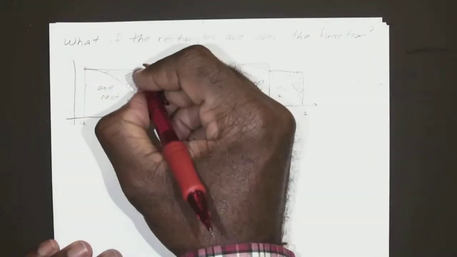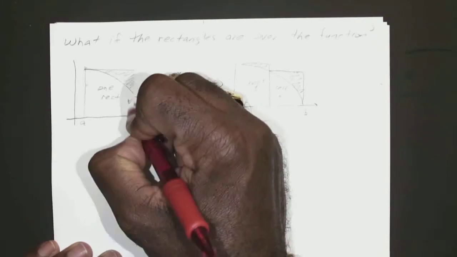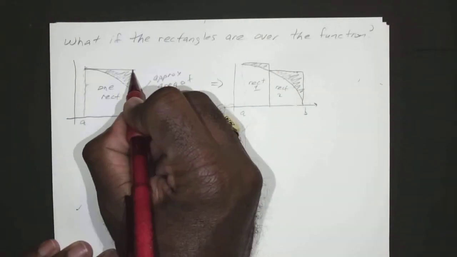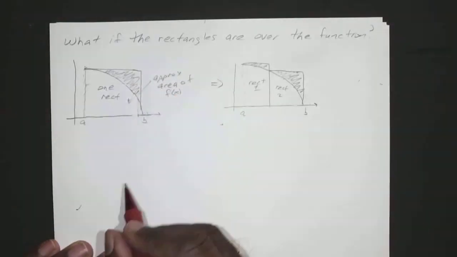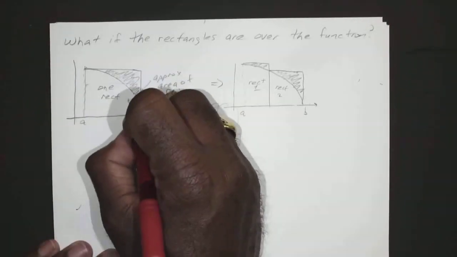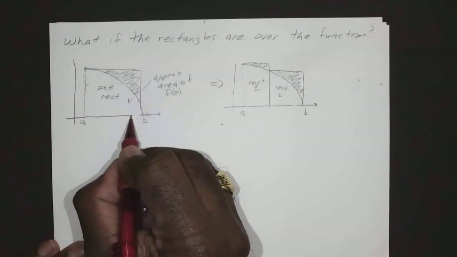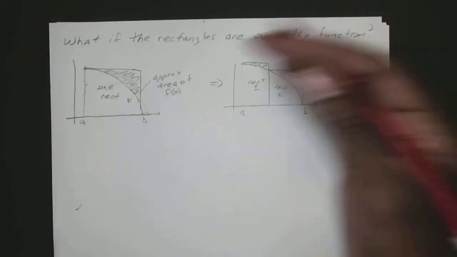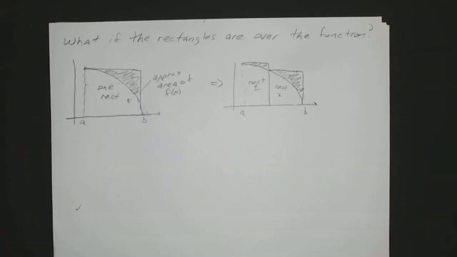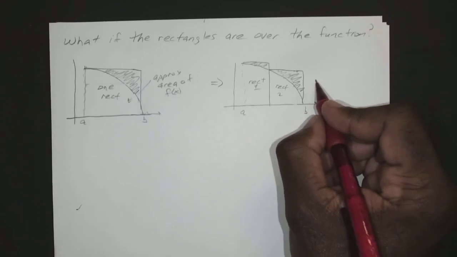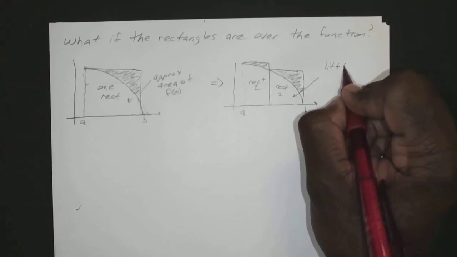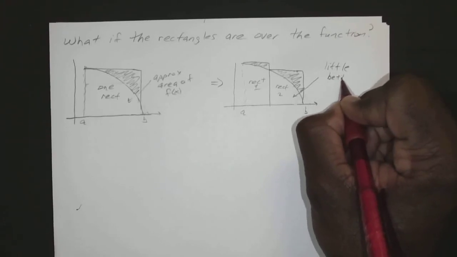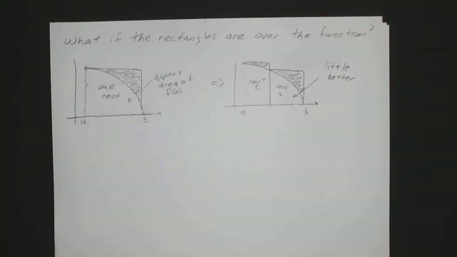So let's make this a little bit longer. So it should actually go all the way to A and B. There we go. And clean that up. There. Good as new. Okay. So again, it's a little bit better. Not much, but a little bit. Okay. So what if we had 5?